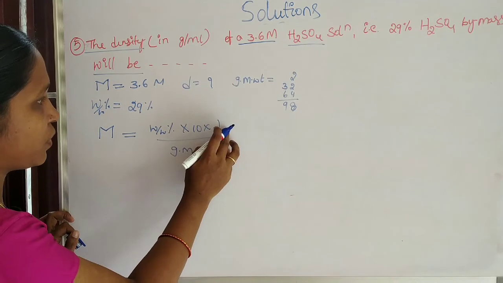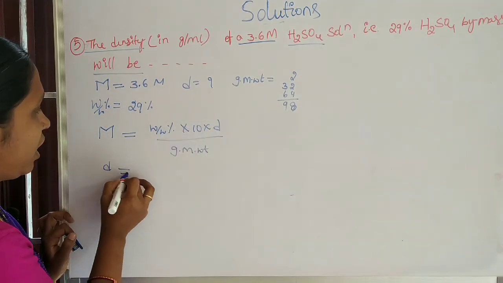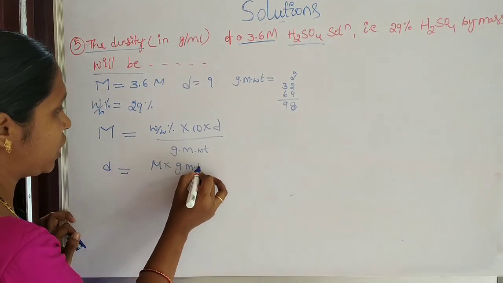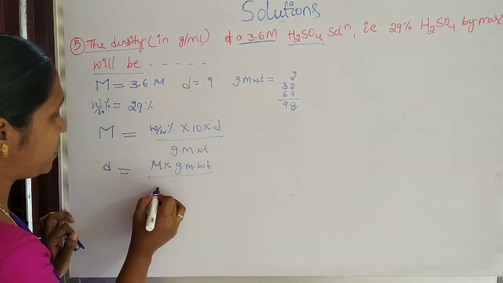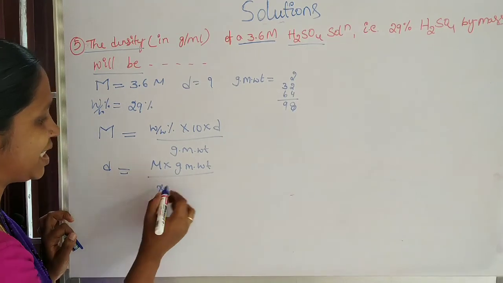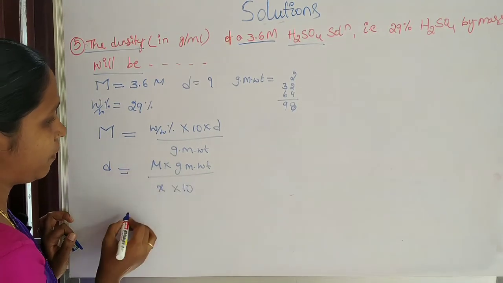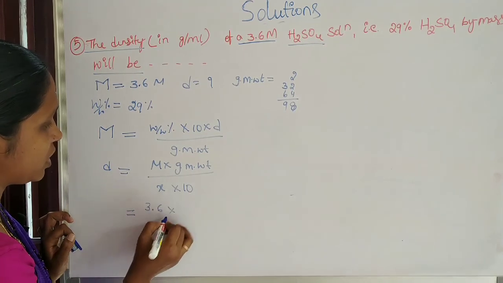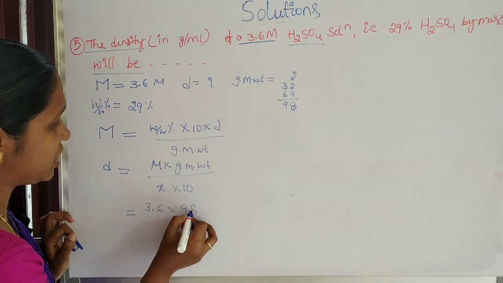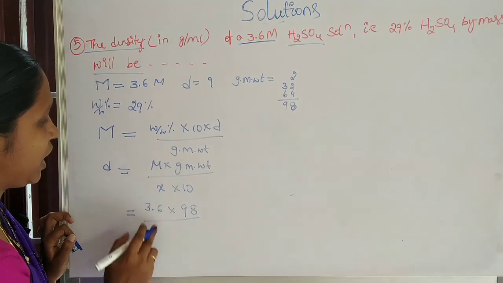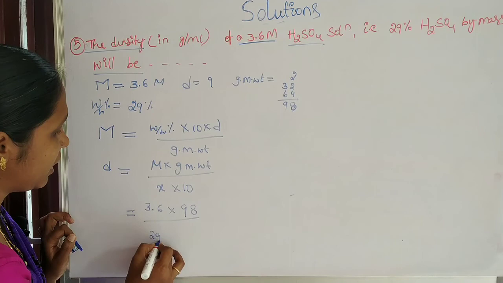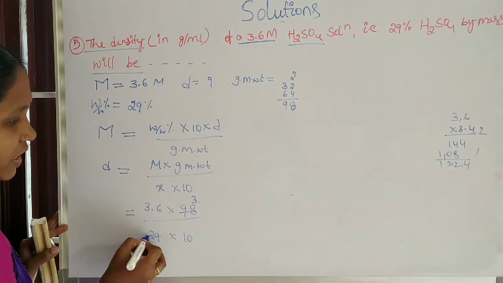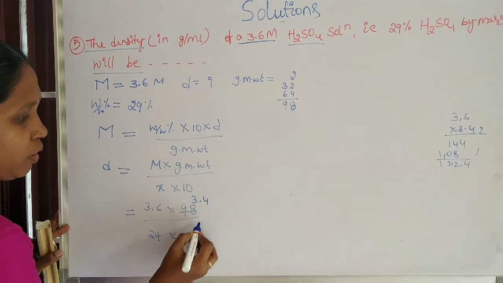Write the formula for density because you asked for the density. So density equals molarity into gram molecular weight by weight percentage, which is represented with x, into 10. That equals molarity 3.6, gram molecular weight 98, and x is 29% into 10. 29 cancels, giving 3.4 times.